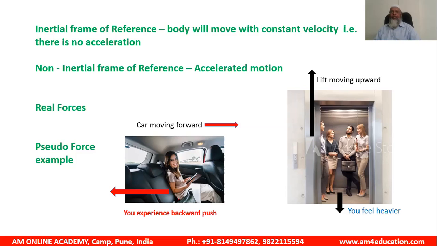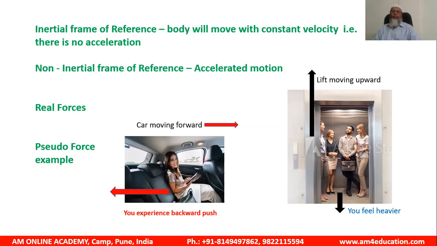So this is an accelerated motion. The person sitting in the bus may consider himself as the origin, but his frame of reference is in accelerated motion, because the bus is going from 0 km per hour to 60 km per hour. In order to reach that speed, the bus needs to have acceleration.